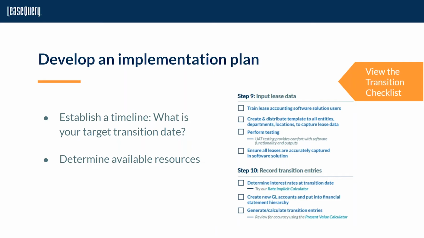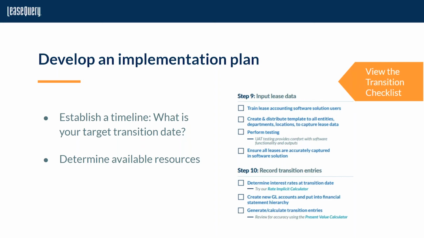The next step is to determine what resources are available. Will the accounting team have a resource or resources dedicated for this project for a specific amount of time? Or will implementation be split between multiple teams to be completed in addition to their regular day jobs? Or will you use consultants?